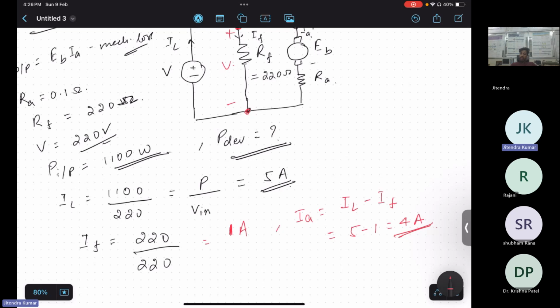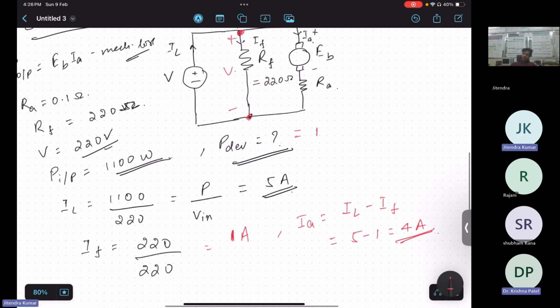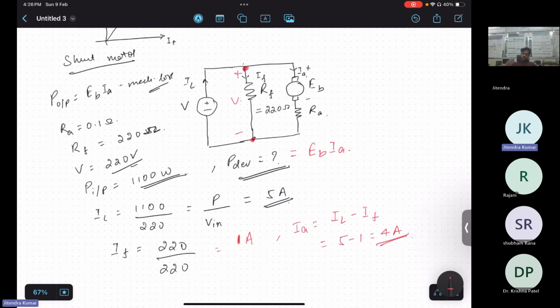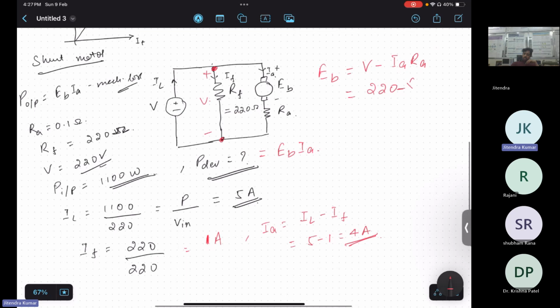Now we just need to calculate what? Developed power. The developed power equation is EB into IA. Exactly. So we don't know the value of EB. Can we calculate by KVL? Yes, EB is equal to V minus IA into RA. So V is 220, IA we have calculated 4, into RA given as 0.1 ohm.